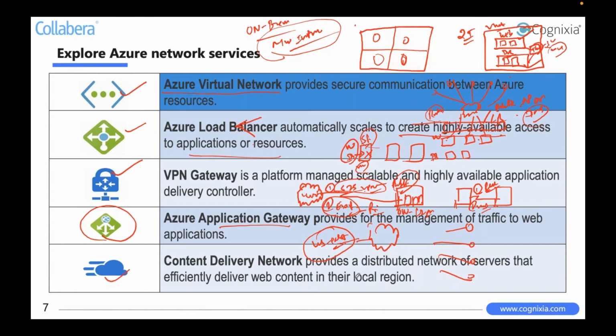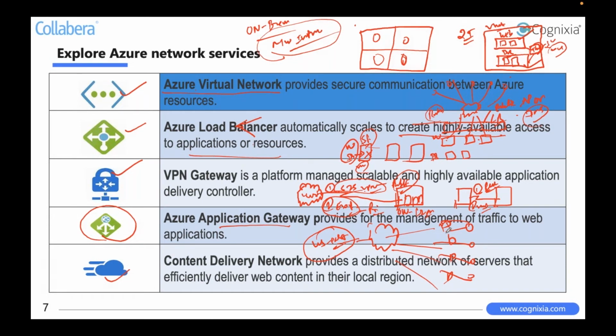Azure has edge locations where I can cache my static content, my web application, or dynamic content also. You can cache static content, let's assume videos, images, JPG files, PDF files. That will be cached on the user's nearest edge server.